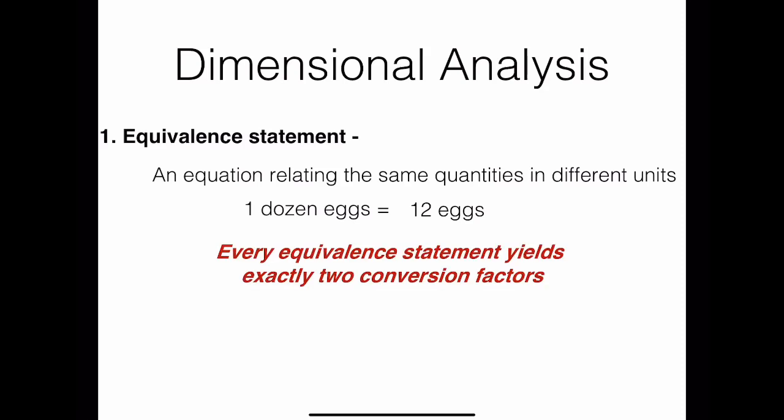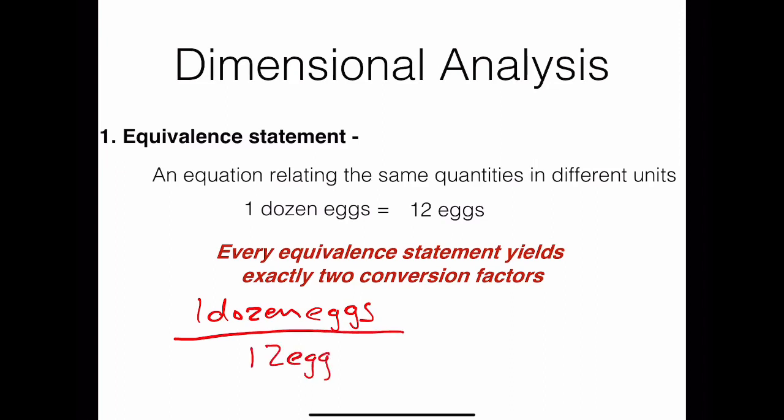We know that every equivalent statement yields exactly 2 conversion factors. So the first one might look like this. We can say 1 dozen eggs over 12 eggs, or we can say 12 eggs over 1 dozen eggs. Now, we know that if we're looking at these in terms of a fraction, they don't necessarily mean the same thing.